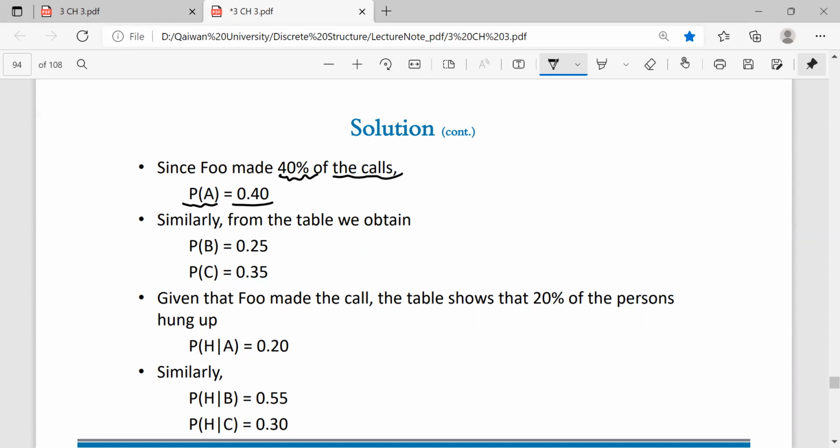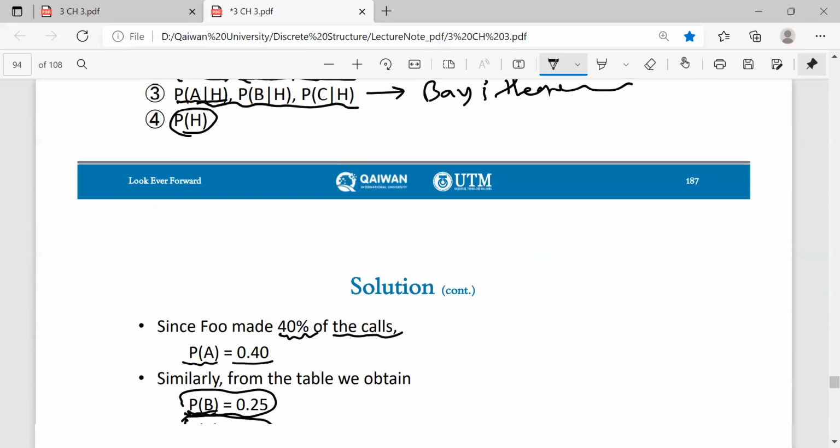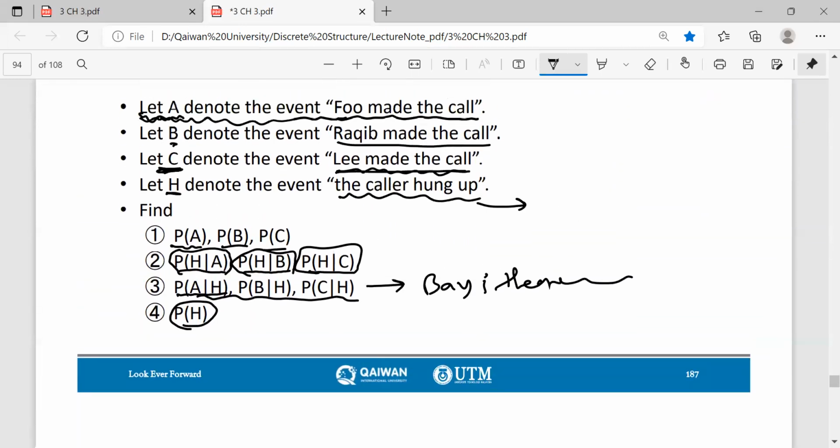And also for B and C, since Raqib made 25% of the calls, probability of B is 0.25. And for probability of C, which is the percentage of the calls made by Lee, it is 0.35. These are the answers for the first part of the question.